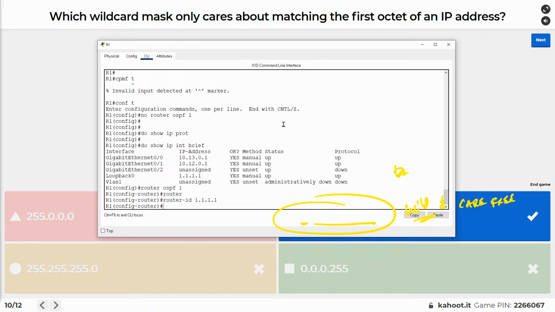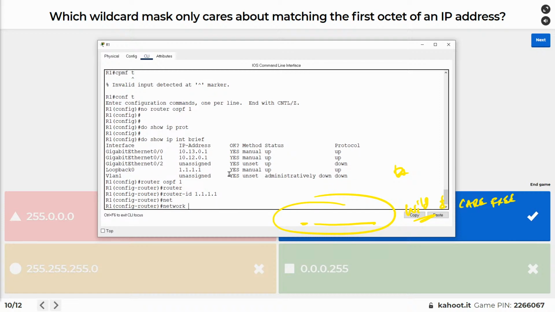That's a good practice. Now let's add in any interfaces that begin with 10. The network statement would look like this: network 10.0.0.0, because it's not going to check on those last three octets. The wildcard mask says I do care about matching on that first octet of 10, but for the second octet, I don't care.